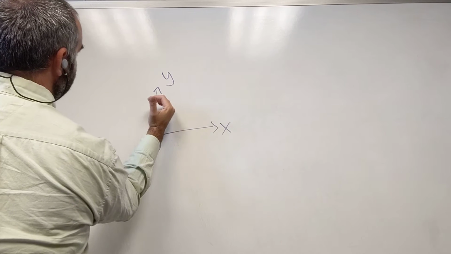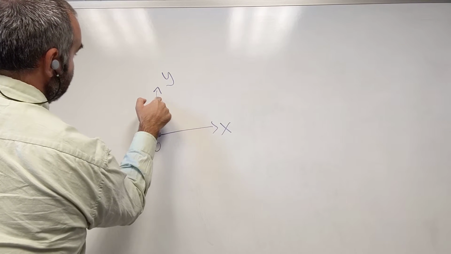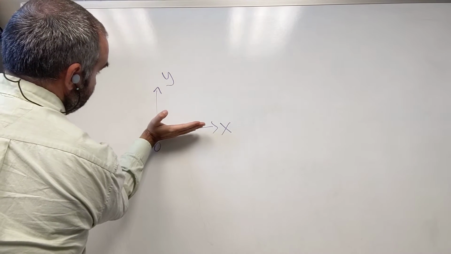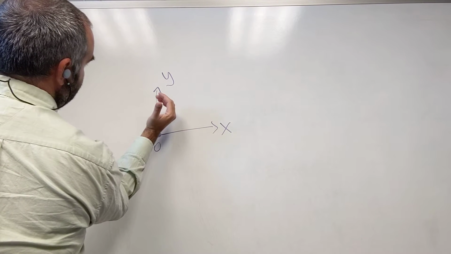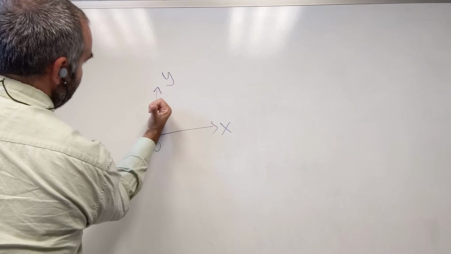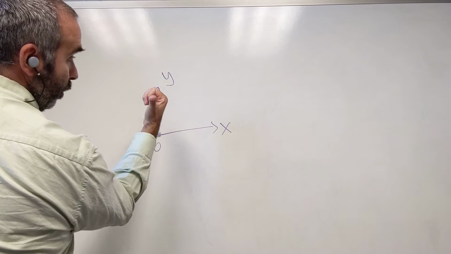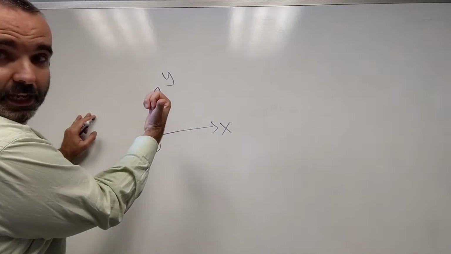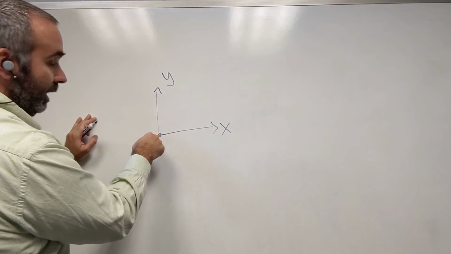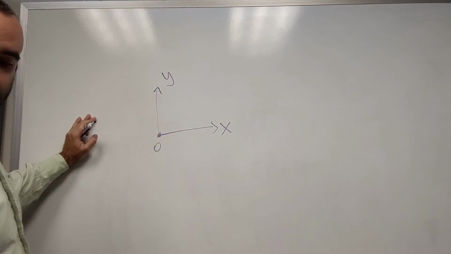You have to curl them in the direction of the second axis, the y. So towards the first one, towards x, curl your fingers of your right hand towards the y-axis, and then your thumb will show you the direction of the z-axis. And in this case, the z-axis is coming out of the board.